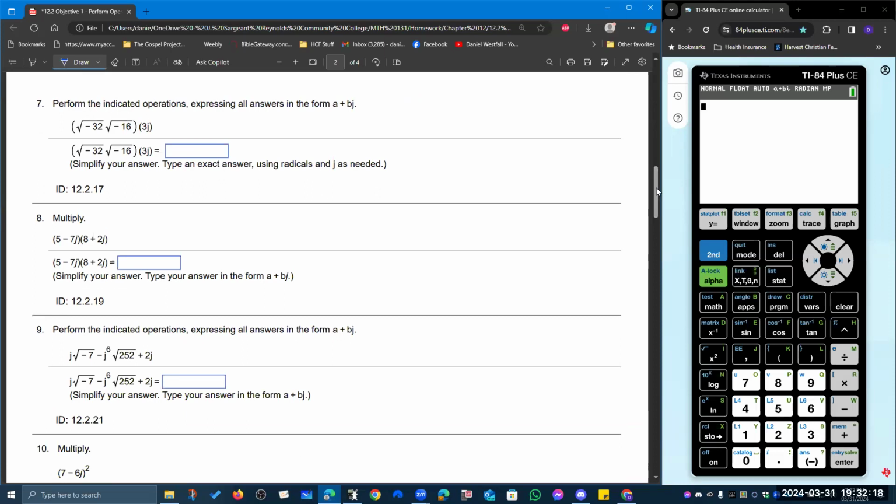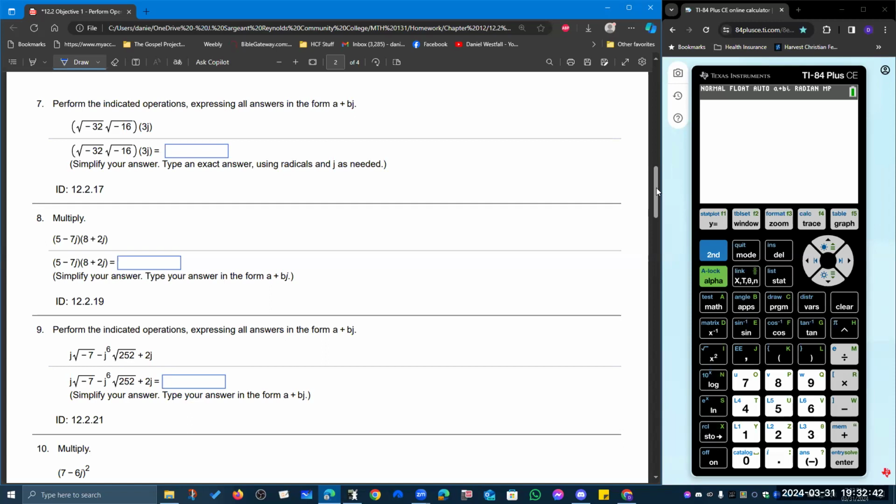Now let's go ahead and perform the indicated operation expressing all of our answers in the form of a plus bj. So let's first multiply root of negative 32 times root of negative 16.